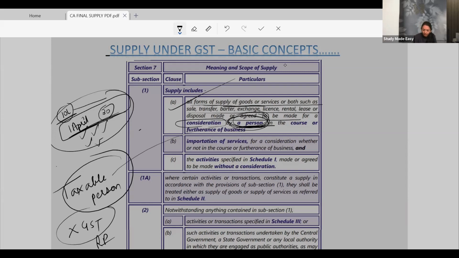Done. Now again, person includes, write it down: individual, HUF, AOP, BOI, company, cooperative society.